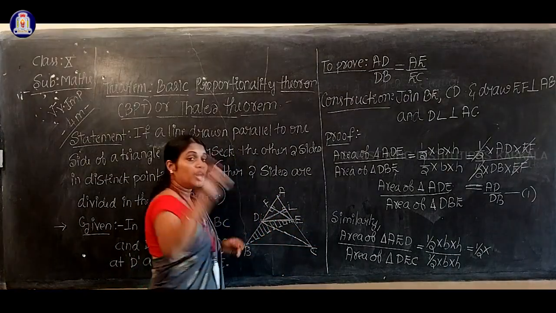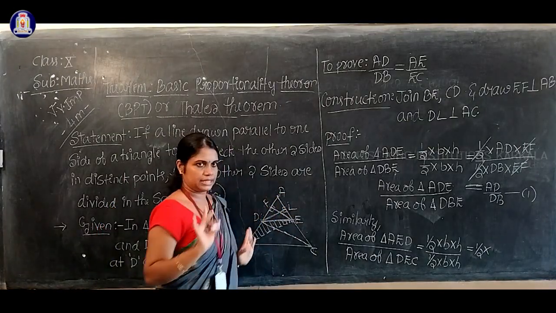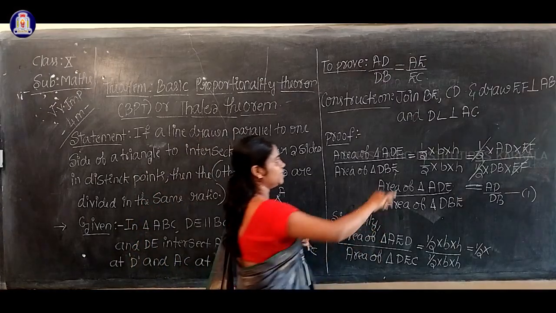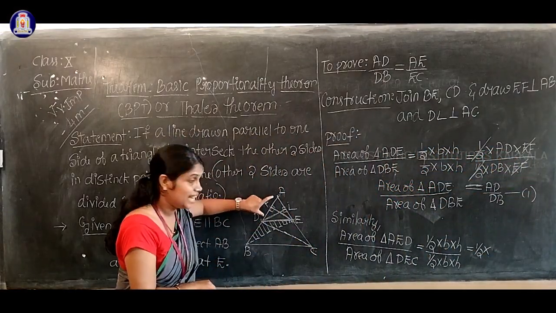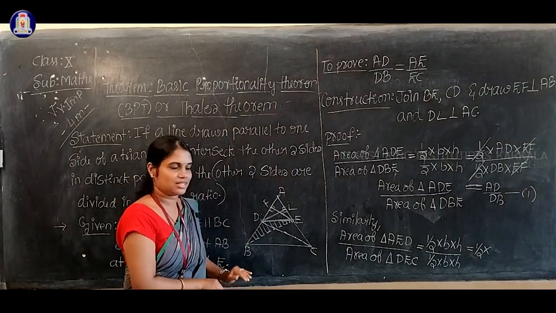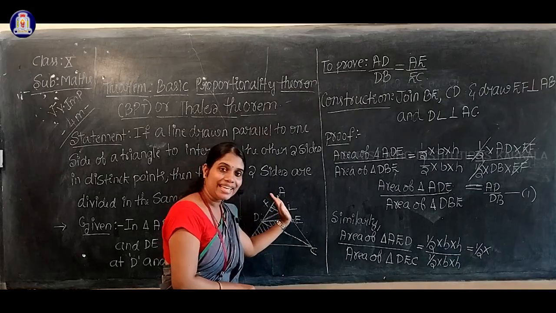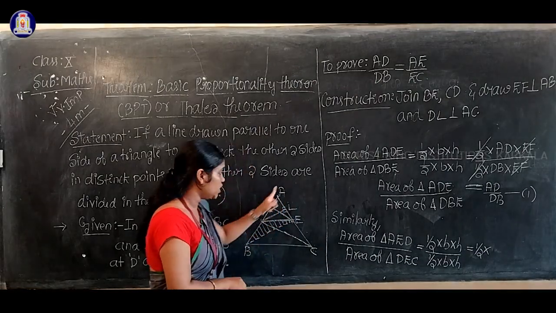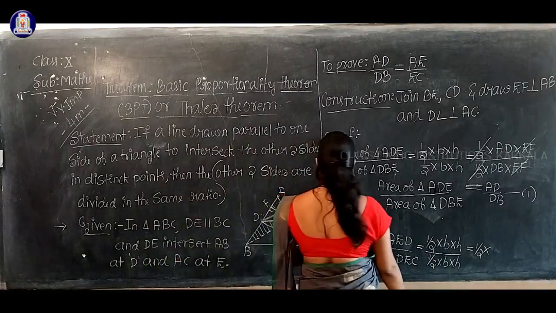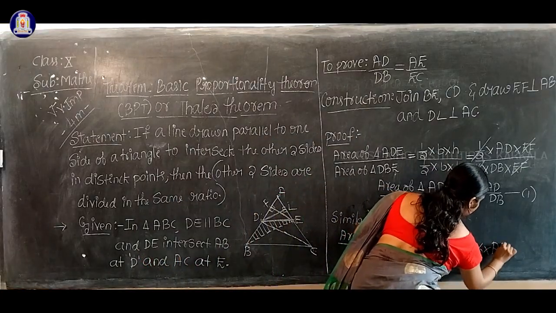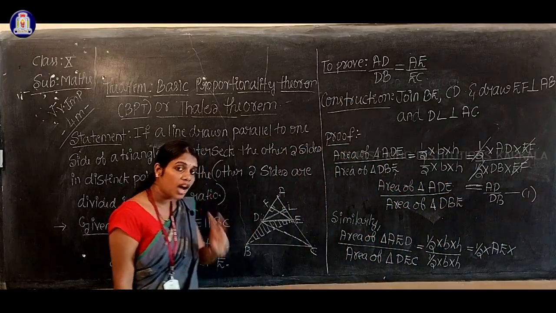So therefore now consider AE as a base. In the first case you considered AD as a base, isn't it? So now consider AE as the base for the triangle AED. So base is AE into height. What about height here?